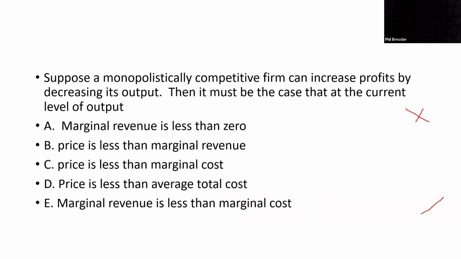All right. Suppose a monopolistically competitive firm can increase profits by decreasing its output. Then it must be the case that at the current level of output, give people about 45 seconds.